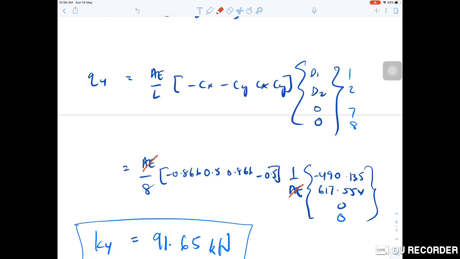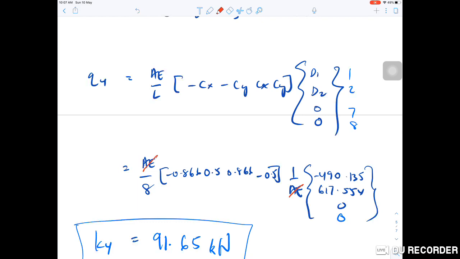This is the one formula only: AE over L, negative CX, negative CY, CX, CY, times the displacement. There are 4 DOF for an element, and we have to use the same labels as we used in k4, meaning near to far 1, 2, 7, 8 for k4.